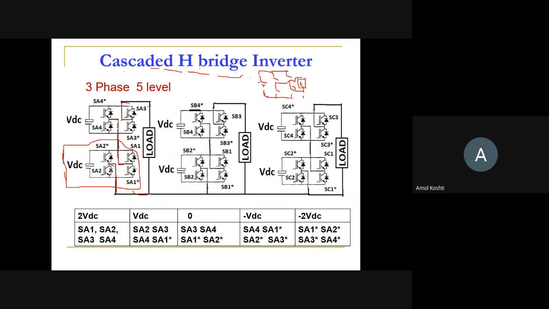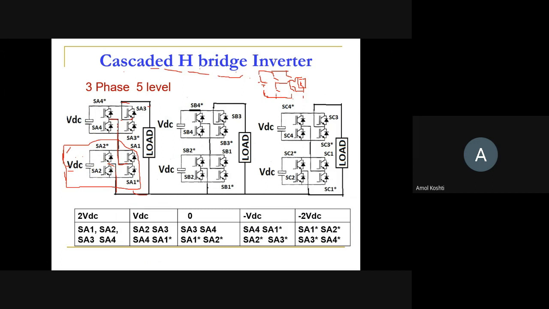Now if you observe this single cell, we will be limited only to that single cell. Here we have the VDC input, and we are concerned only with this. What are the different levels that we can get here? One is VDC, when we turn on the diagonal switches SA2 star and SA1 star. When we turn on SA1 and SA2, we get minus VDC across the load.